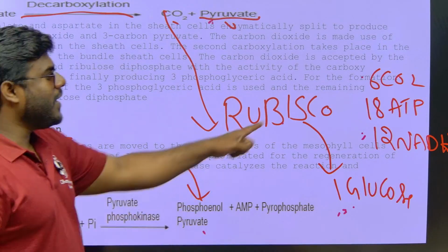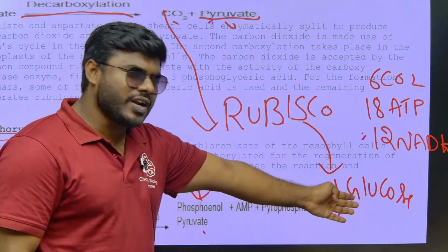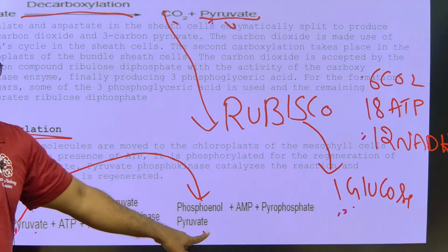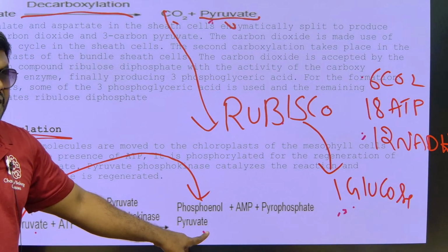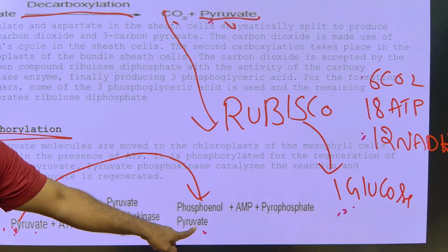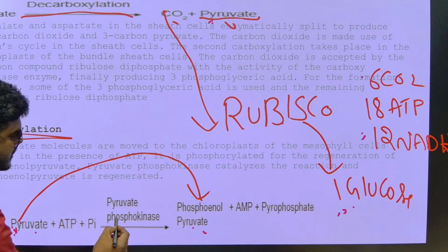Now how many times will the cycle continue? 6 times. Then only we get one glucose. Which means 6 times pyruvate is converted into phosphoenol pyruvate. Every time pyruvate is converted into phosphoenol pyruvate, we generally use 1 ATP. Correct or not? Then how many ATP do we use? 6 ATP. But here is the most important line that most students don't even know.